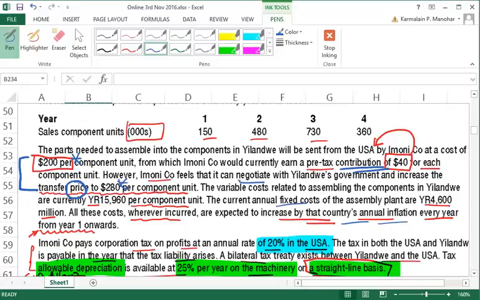So, do we need to work with the whole 280, which Anita mentioned, or are we looking at something else? What really should we use? The whole 280 or something else? In this scenario, parts assemble the components being sent from the US, and what are they receiving? They're receiving 280 per part.